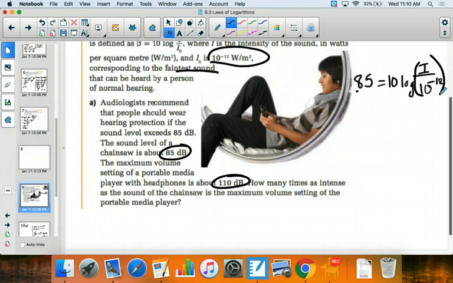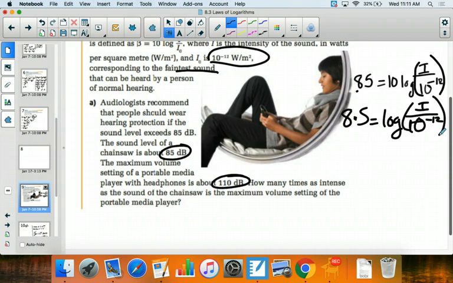It's the first thing I'm going to do: trying to get I by itself. It's a fraction. I would divide by 10 first. Divide both sides by 10, and then we get 8.5 is equal to log of I over 10 to the power of negative 12.